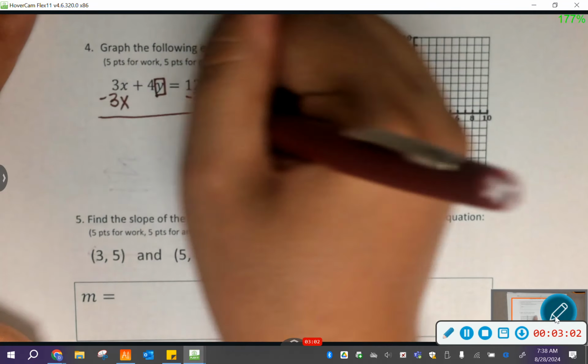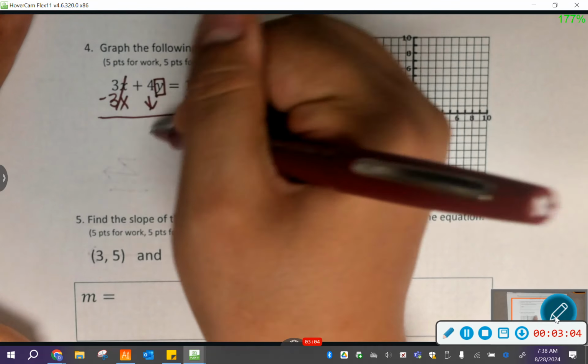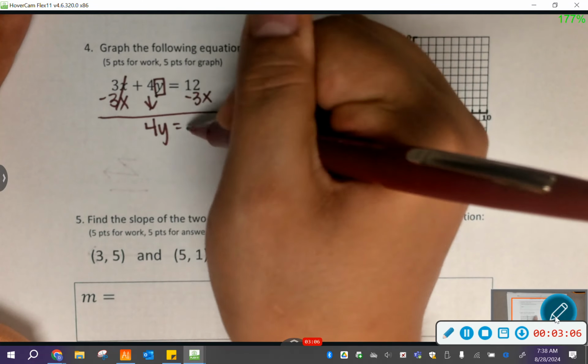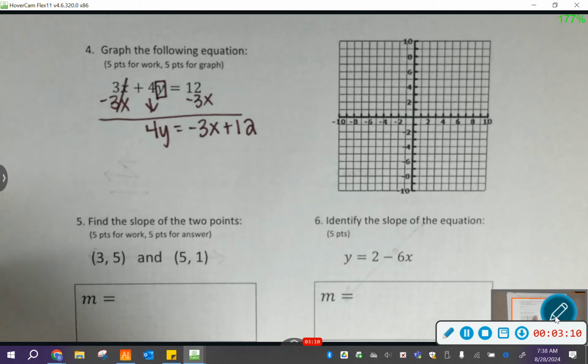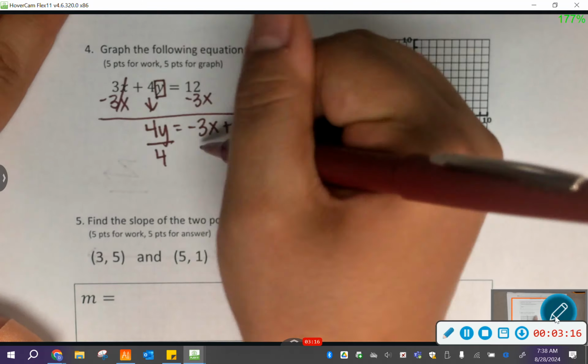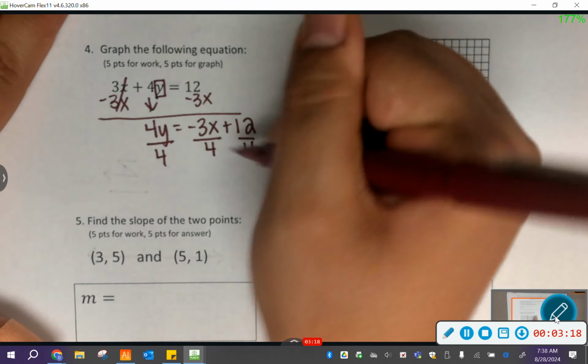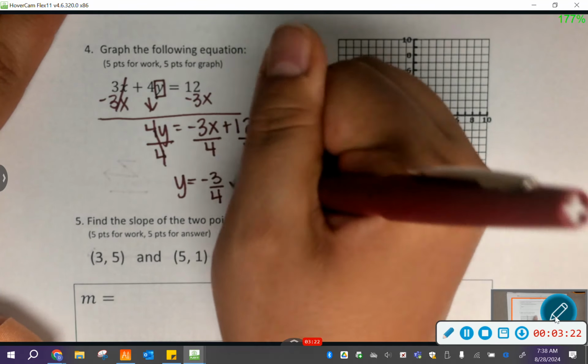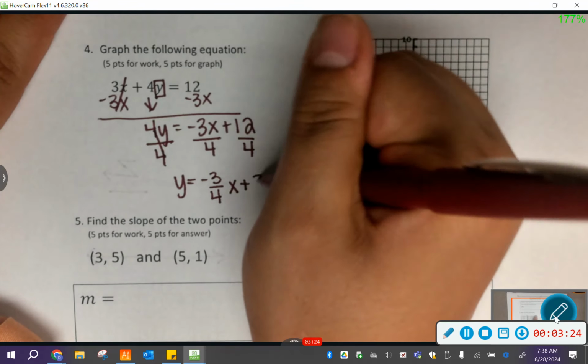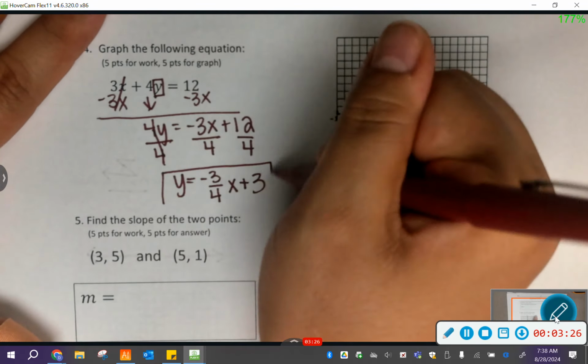And a lot of y'all did that. And then when you were bringing it down, you forgot to write the 3x. Minus 3x over 12. Is y by itself? Nope. So then you can divide by 4. So y is going to equal negative 3/4x plus 3.